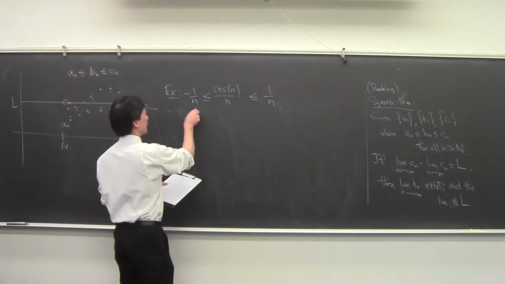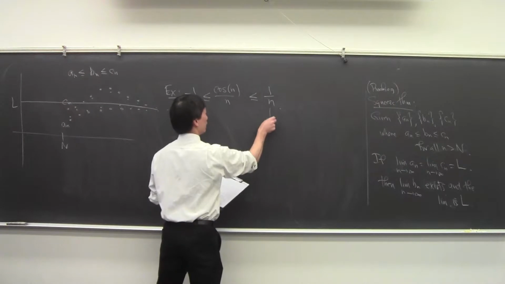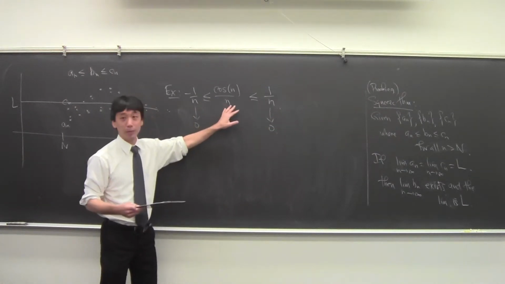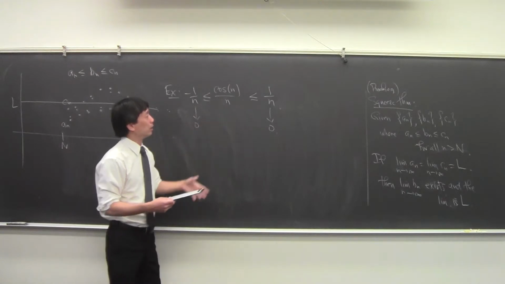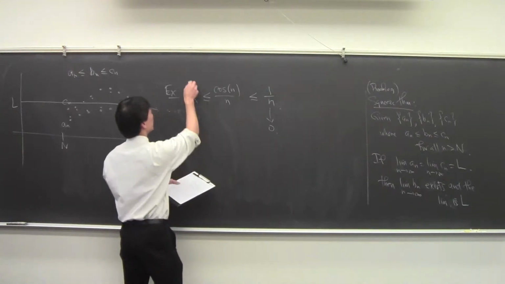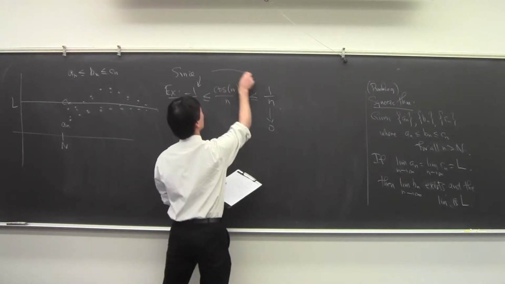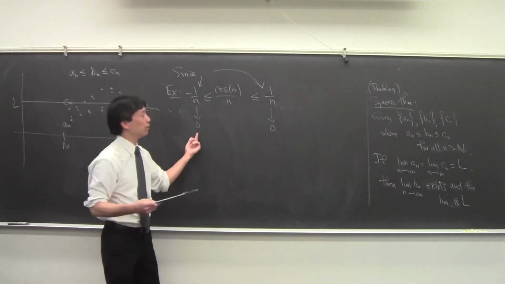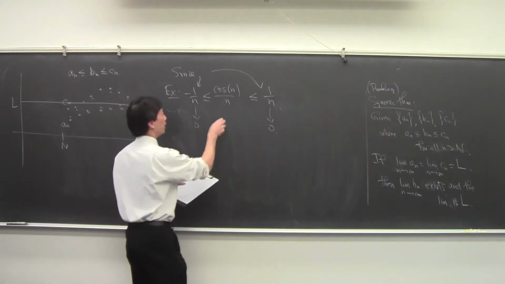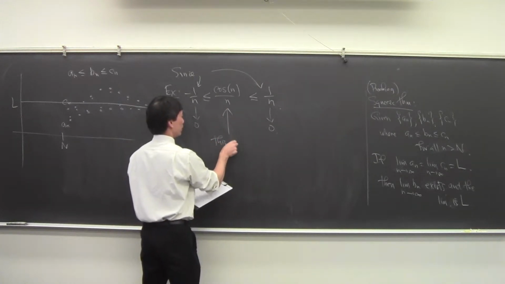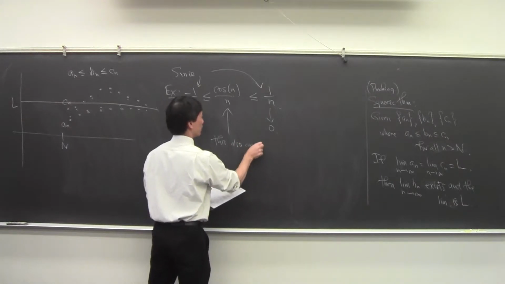And this guy goes to 0 as n goes to infinity, and this guy goes to 0 as n goes to infinity. So the squeeze theorem says since this and this both go to 0, we see that this also converges to 0.